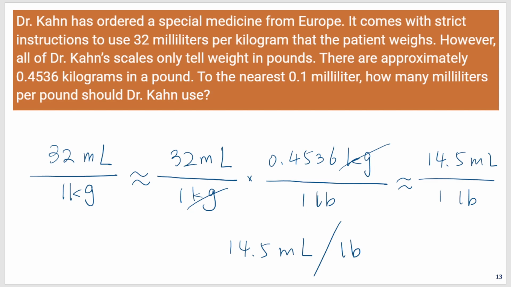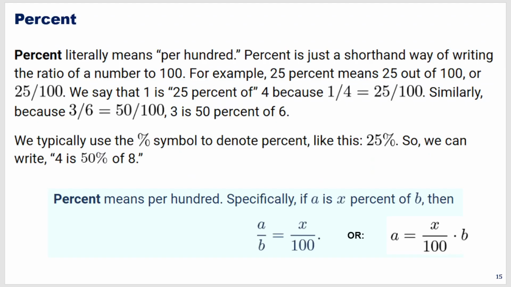Alright, next let's have a look at the concept of percent. Percent literally means per hundred. Percent is just a shorthand way of writing the ratio of a number to 100. For example, 25% means 25 out of 100, or 25 over 100. We say that 1 is 25% of 4 because 1 over 4 equals 25 over 100, right?